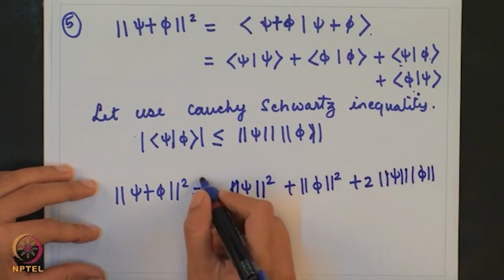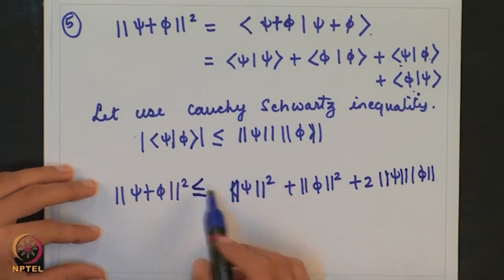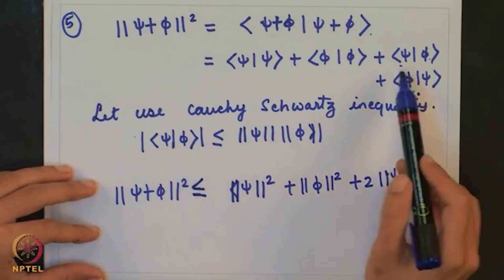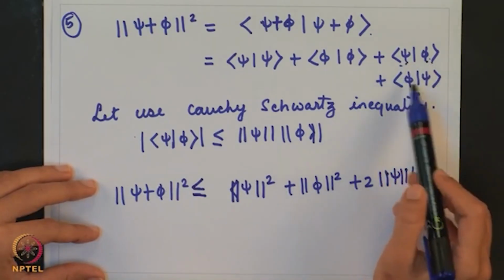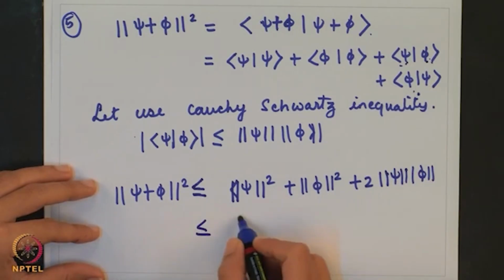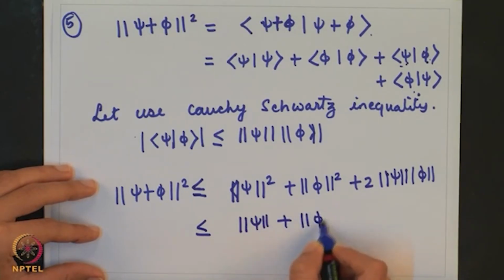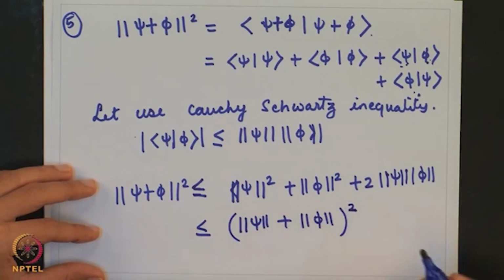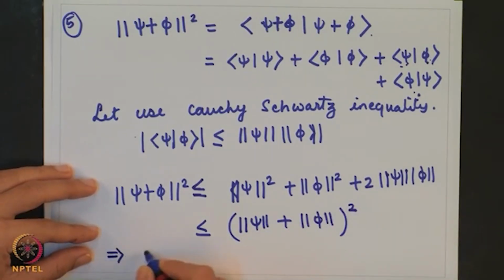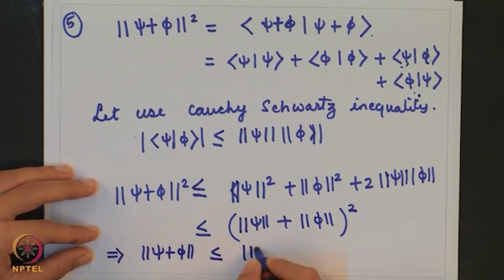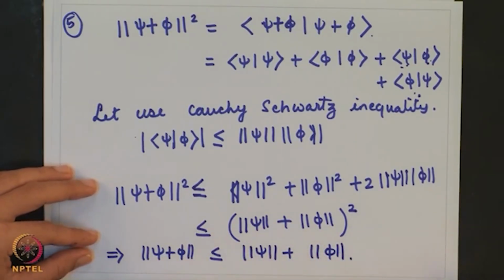When I am doing this, this will be less than or equal to this, because I am substituting for the psi on phi and phi on psi. So, this will be nothing but the norm of psi plus the norm of phi the whole square, which would imply the expected result, the norm of the sum is always less than or equal to the sum of the individual vectors.